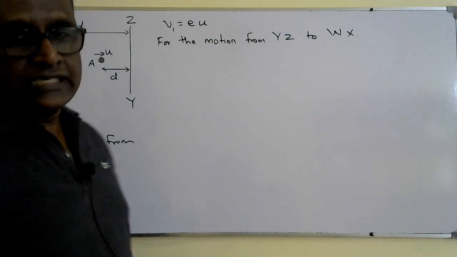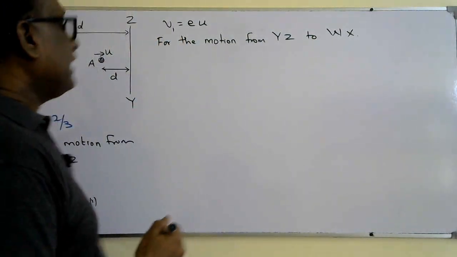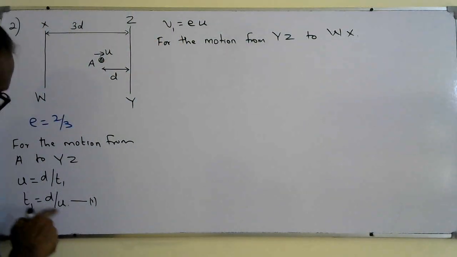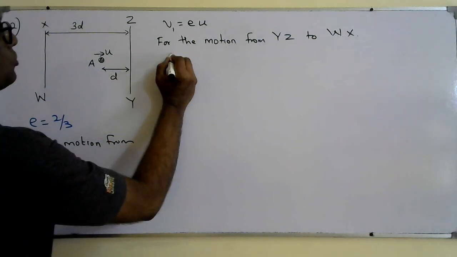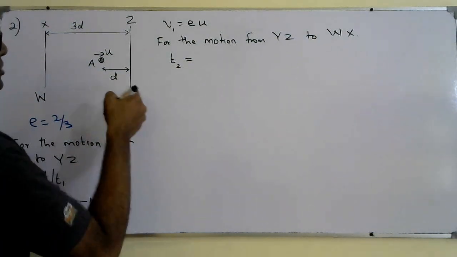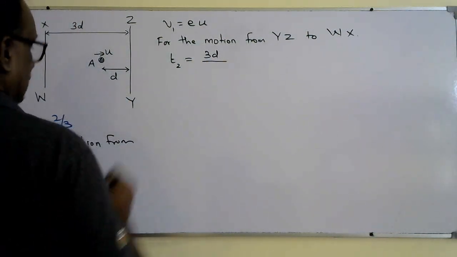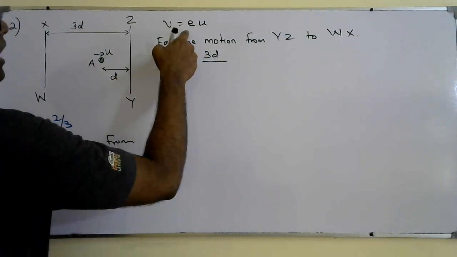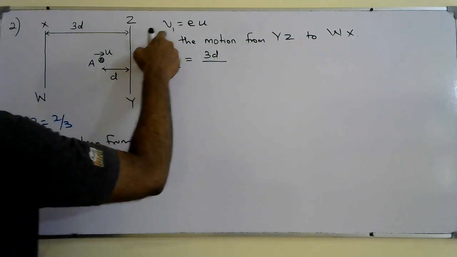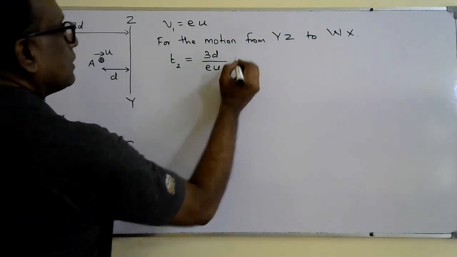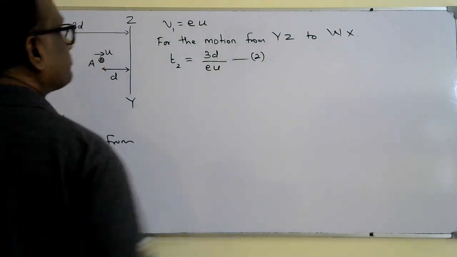Then it moves at constant speed because there is no friction. So speed equals distance over time, and time equals distance over speed. I can use this one. So T2 is equal to, the distance it's going to move from here to here is 3d, over the speed, which is going to be Eu. Let it be the second equation.